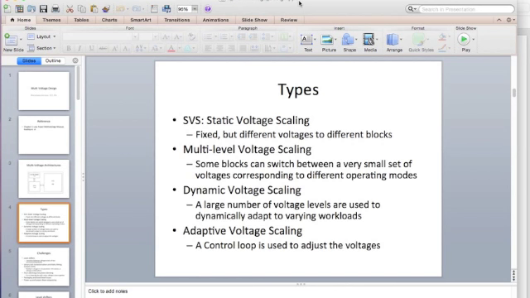In dynamic voltage scaling, within a given operating mode, the voltage level of a particular block could keep changing with time intentionally. The design keeps adjusting the voltage levels based on the different workload requirements. And then finally you have adaptive voltage scaling, where the exact voltages used are determined on a per chip basis using some kind of feedback control technique.